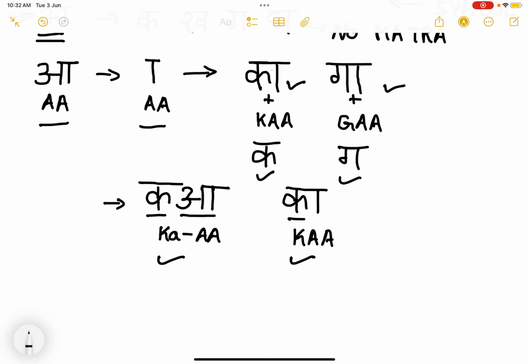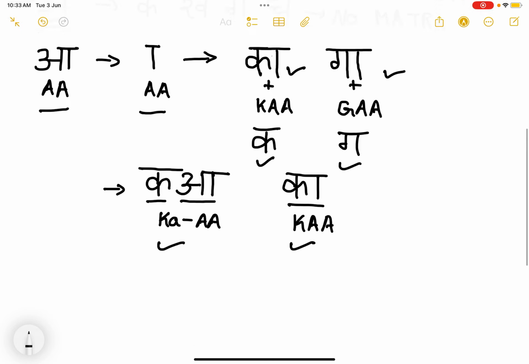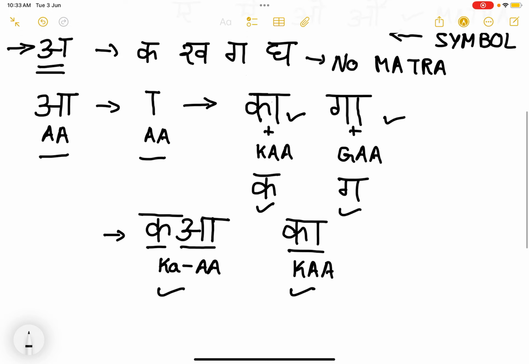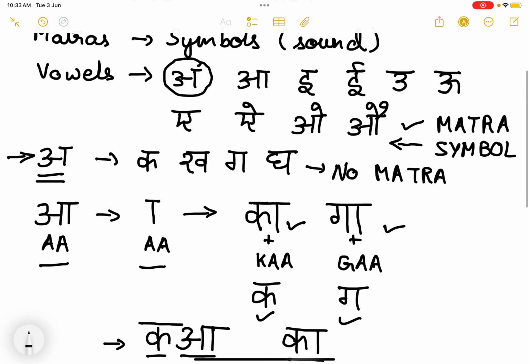Whereas when you put a matra on a letter, the matra sound joins with that consonant and forms one syllable. That's why matras are there. And this takes us back to the letter a, the first vowel. Now you notice all these consonants, ka, kha, ga, gha, already have a sound attached to them.